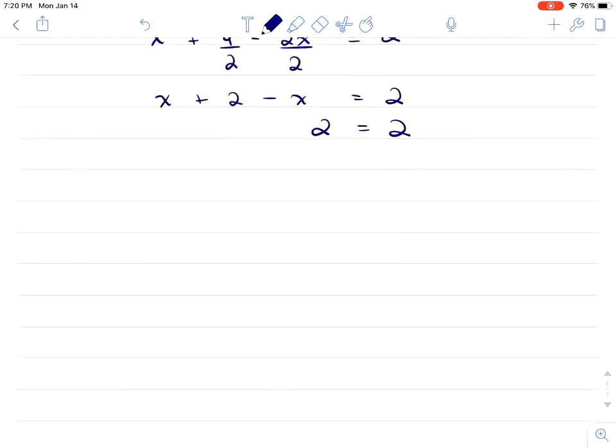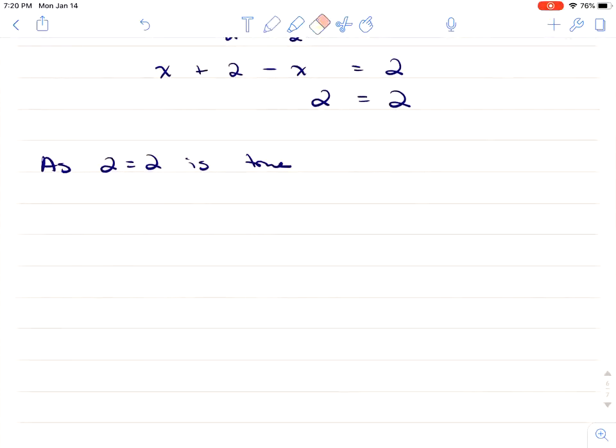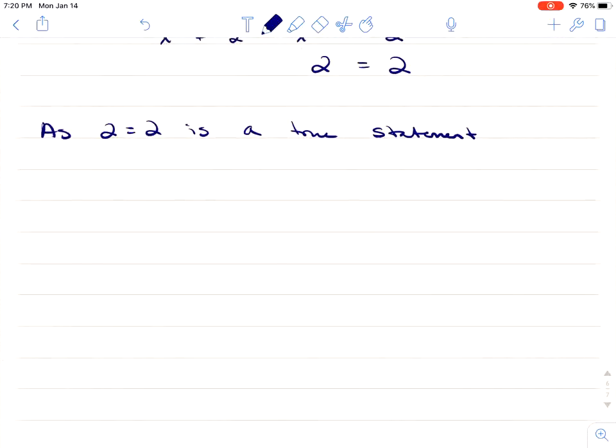So, as 2 equals 2 is a true statement that doesn't specify what x is, it doesn't care what x and y are.